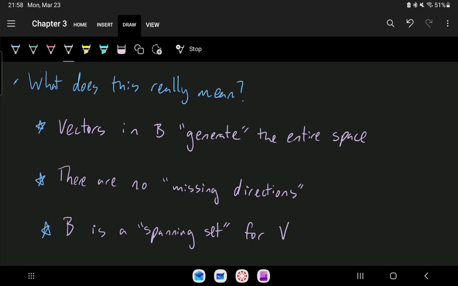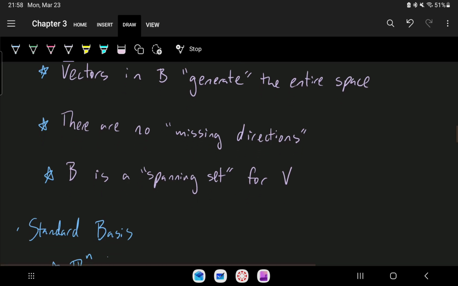You can say that B spans V. So when you hear that in your text, all that really means is what we just said, right? There's no part of V that is not within B's reach, right?